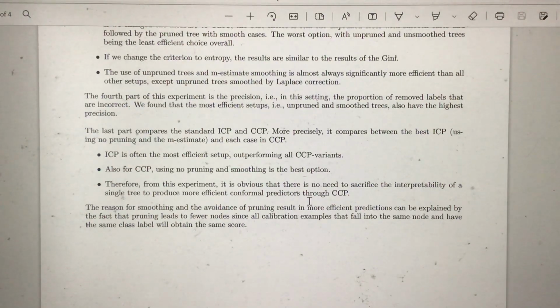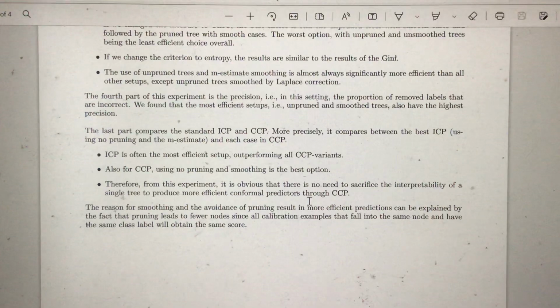Yeah, so because of the pruning you have fewer nodes, so that means although they have a higher coverage, they have a higher average length because the nodes become fewer.